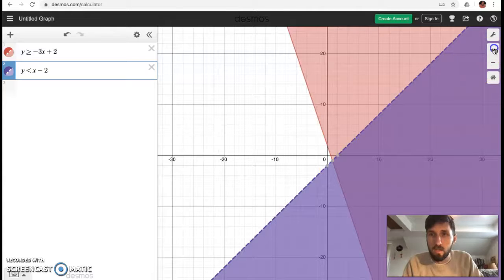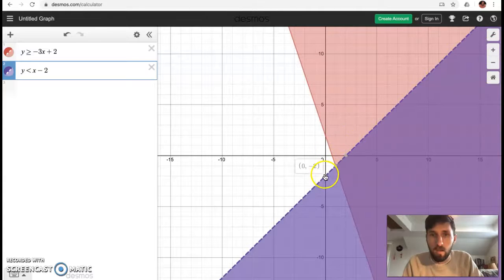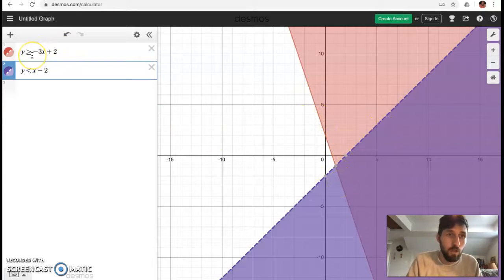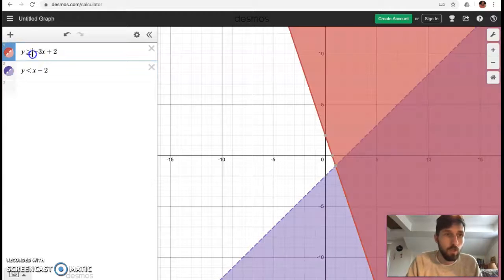One of those things is that the inequality here is a little bit different because this one's a dotted line instead of that solid line before. The main difference between these two inequalities is that this one is greater than or equal to, and this one is just less than.